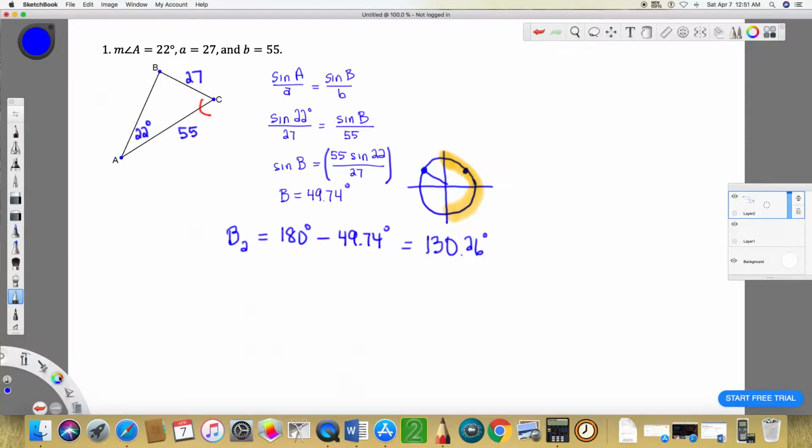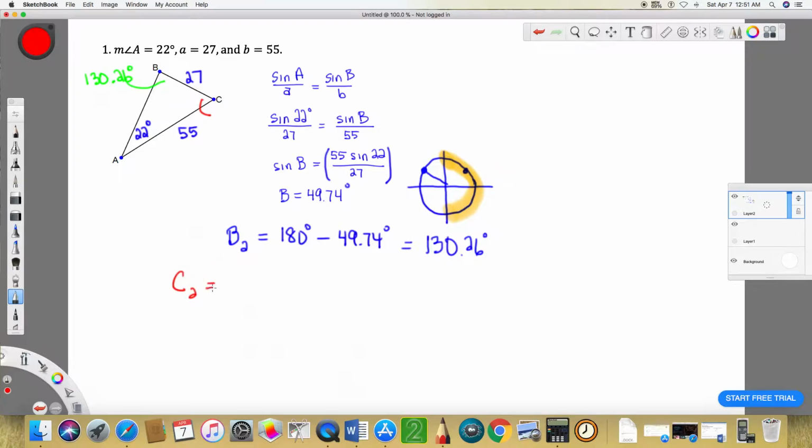And this is for our second triangle. We can put it in green. This is the measure of angle B. We're saying it could be 130.26 degrees. All right, so we know the triangles have to add up. That green is hard to see. I'm going to go to red.